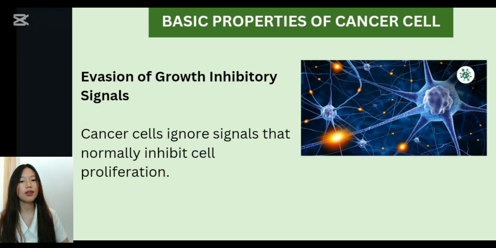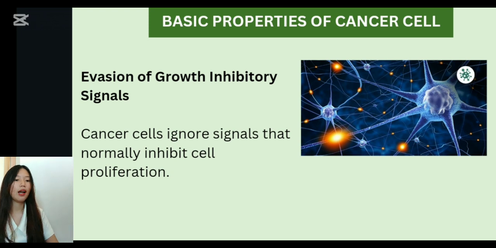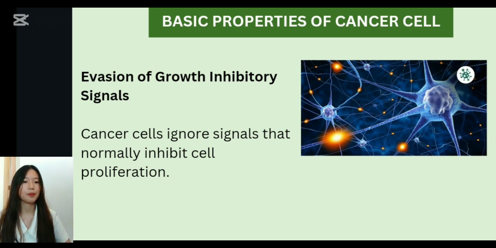So, yung process na yon is essential for normal growth, development, and tissues repair. So, yung kapag yung signal is na-inhibit or na-stop, so magkakaroon ng uncontrolled sa cell proliferation, which is magko-continuous na mag-divide yung number of cell.